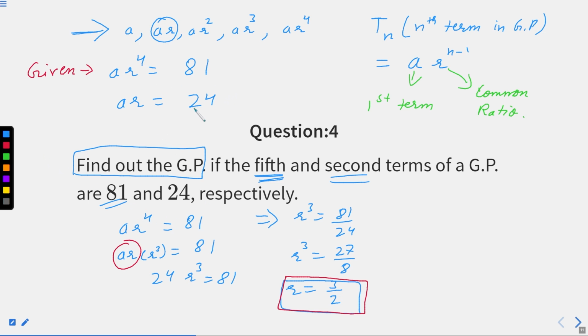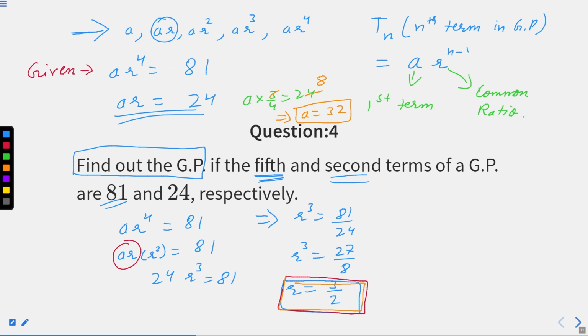Now A times 3 by 2 is equal to 24, which further gives A equal to 32. Okay, clear? So A is 32 and R is 3 by 2.